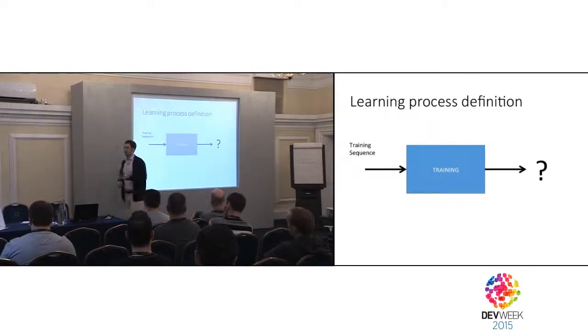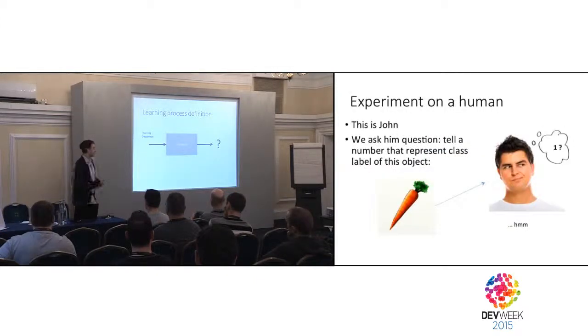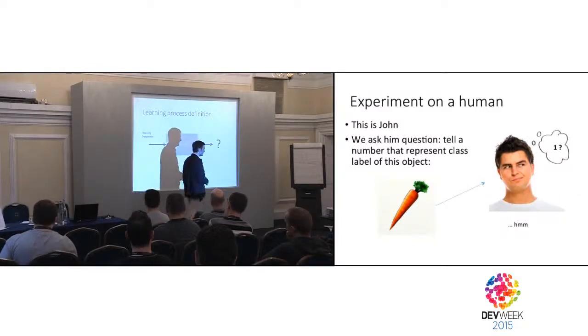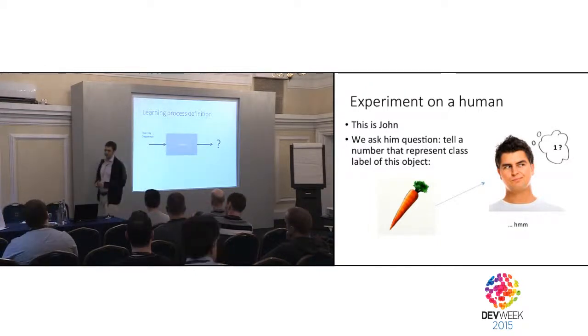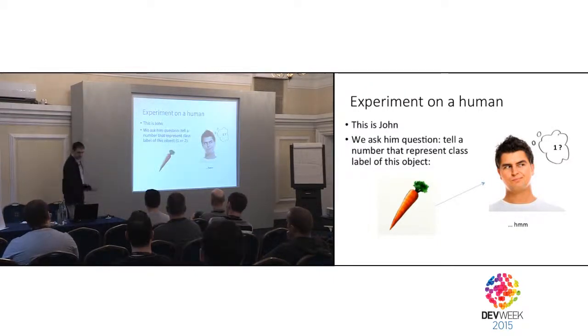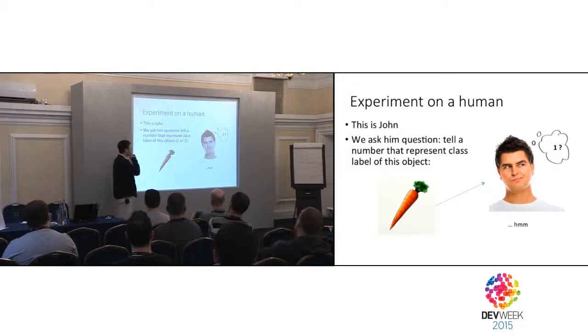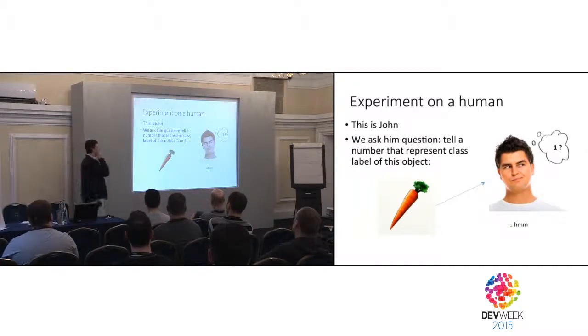Well, I could just tell you what it is, but I want you to try to get to this point yourself, because in this case you will understand it better. So let's make a mental experiment. As it's mental, we can make it right on a human.